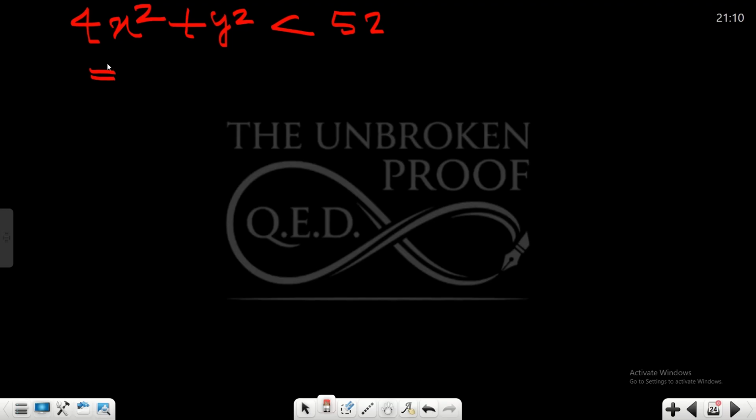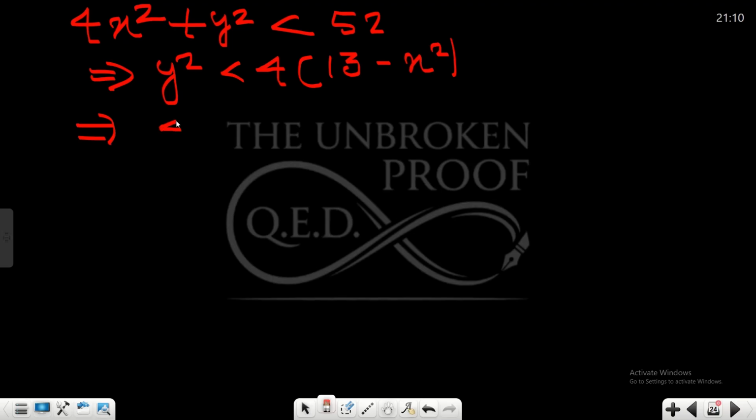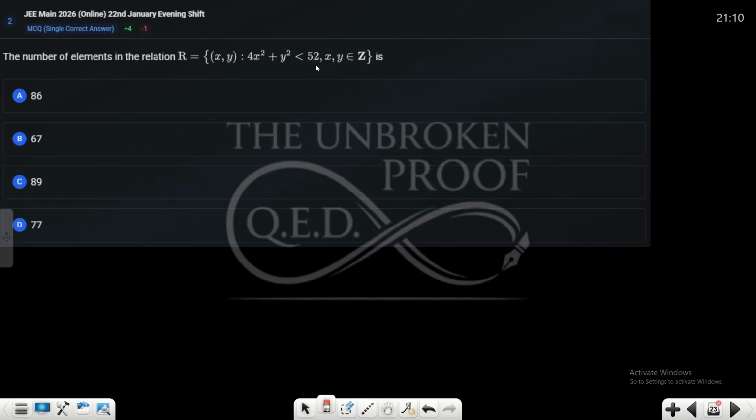This implies that y square should be less than 4 times (13 minus x square), or if I write this in reverse, 4 times (13 minus x square) should be greater than y square, and the values of x and y belong to integers.